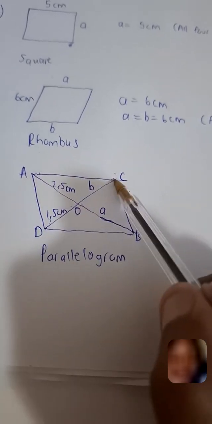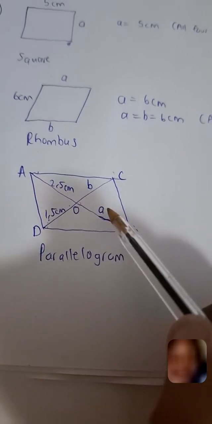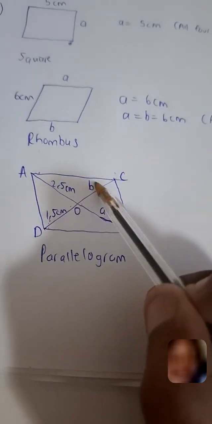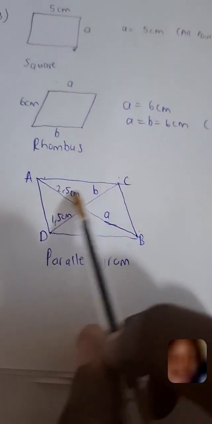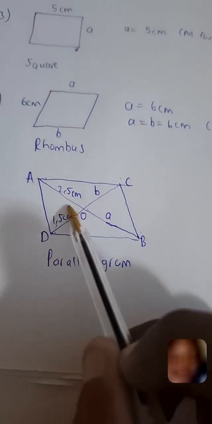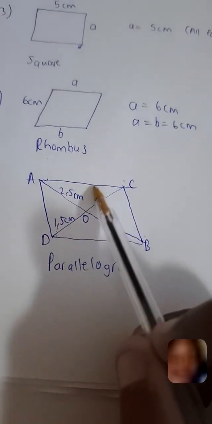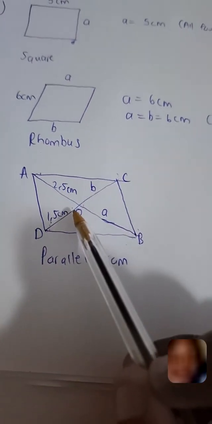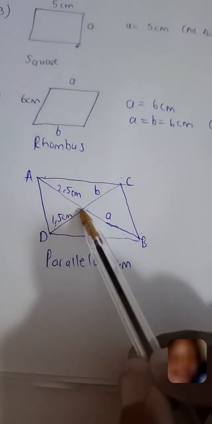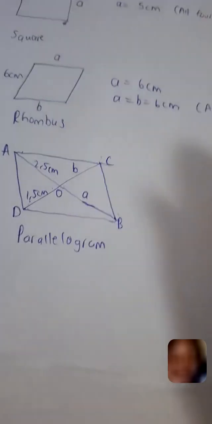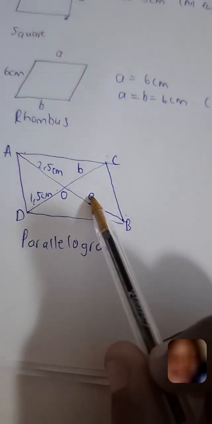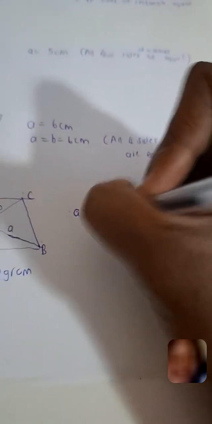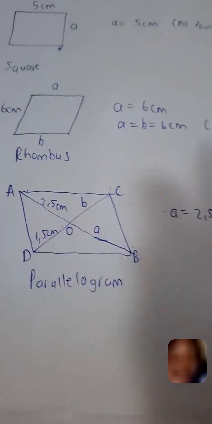So the length of OB denotes A, the length of OC denotes B. So we want A and B. We are told that OA is 2,5 centimeters and OD is 1,5 centimeters. All we want is the length of B, which is from here to there, and the length of A, which is from there to there. So what would you say? A is equal to 2,5 centimeters. I tend to want to agree with you. What's the reason?